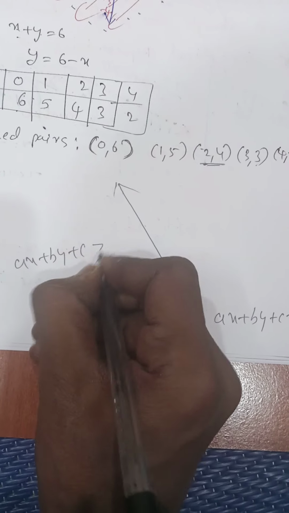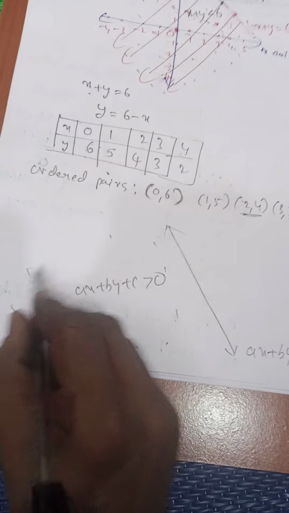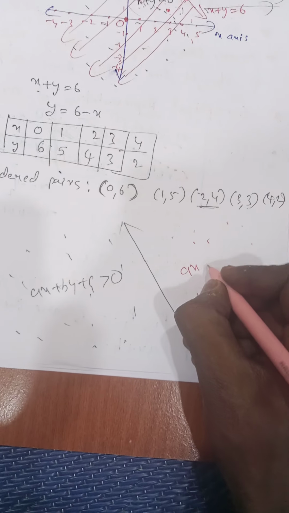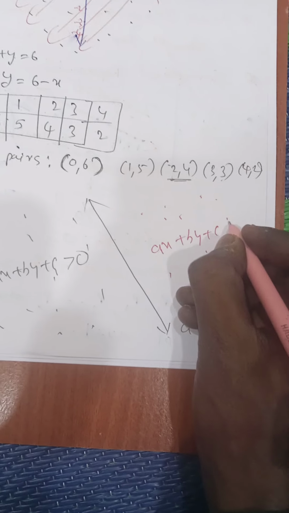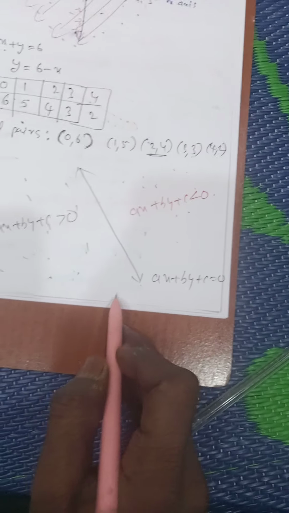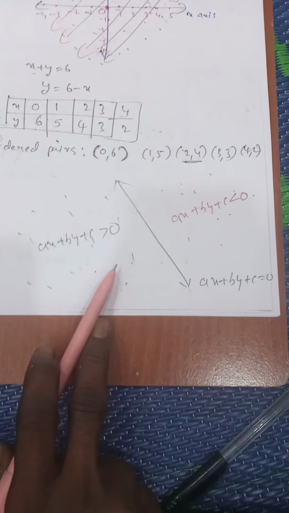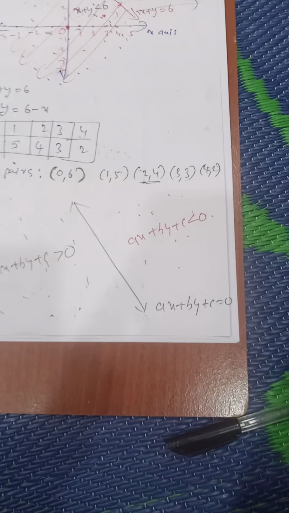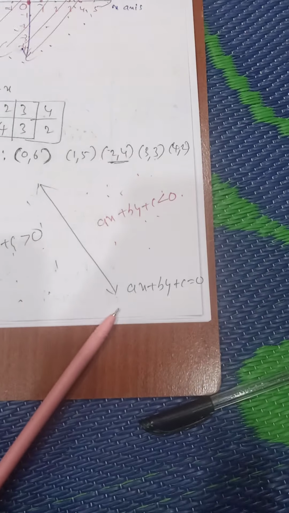One half plane may be ax plus by plus c greater than 0, and all these points come under ax plus by plus c greater than 0. The points on the right side of this line belong to the region ax plus by plus c less than 0. And one more thing: this is one half plane, this is the other half plane, and in between them we have the straight line. So by seeing this figure, you can understand which one is the greater than type inequation, which one is the less than type inequation, and which one is the equation.